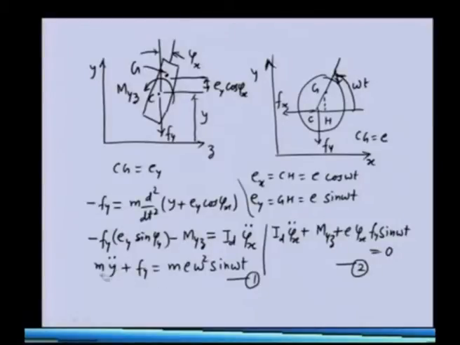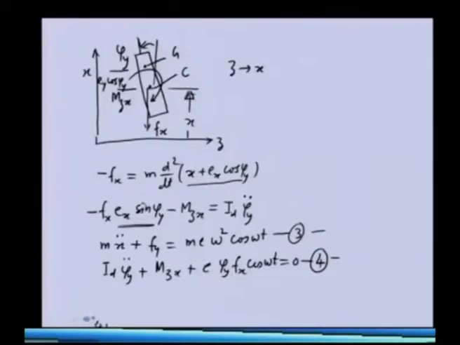So this term will give the mass matrix, this we have tagged separately, and this is the unbalanced force. Similarly, we have the moment equation, there was no external moment, so that term was 0. So these two equations, and then the third and fourth equations I have kept in a matrix form.